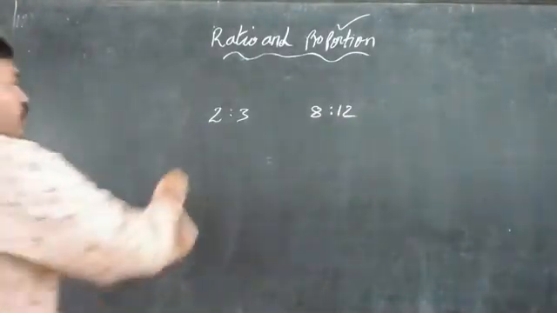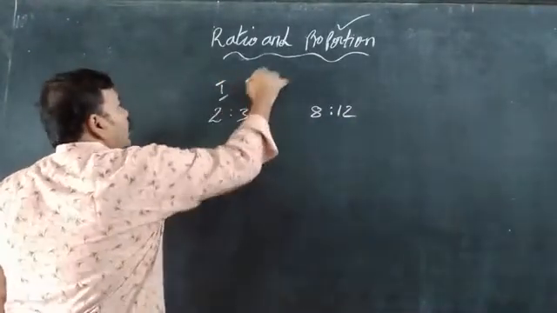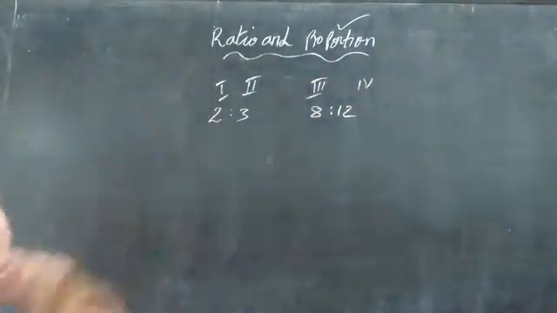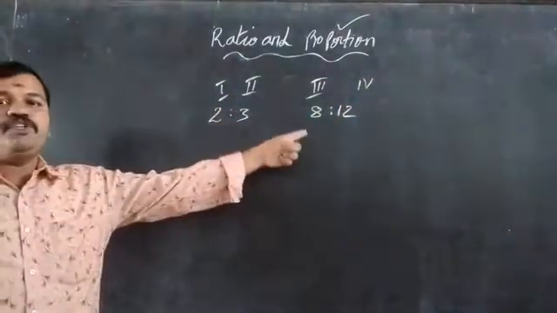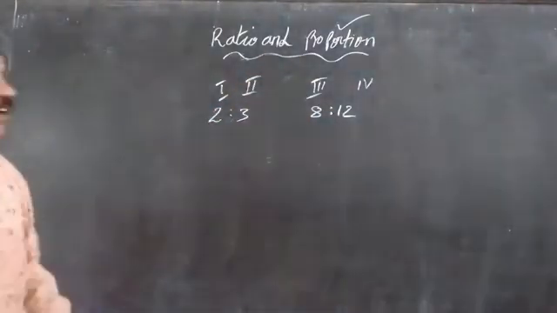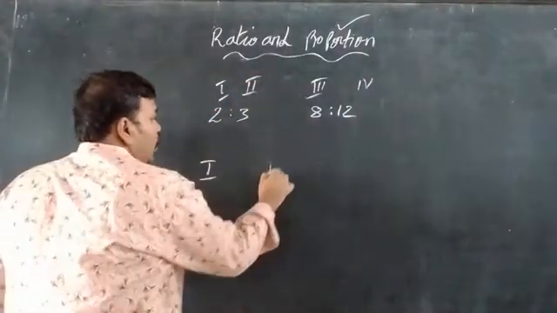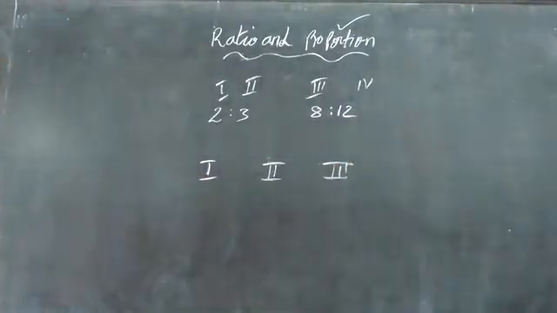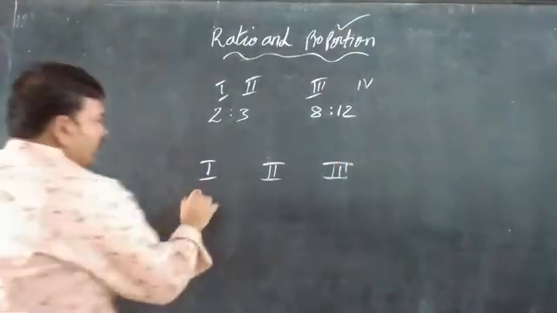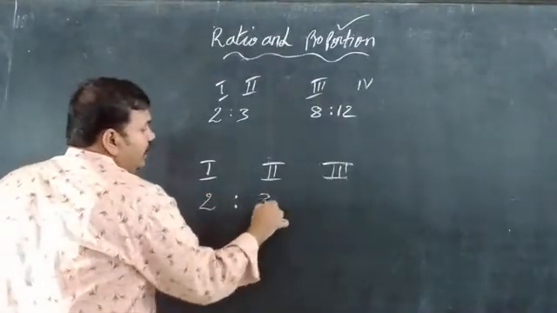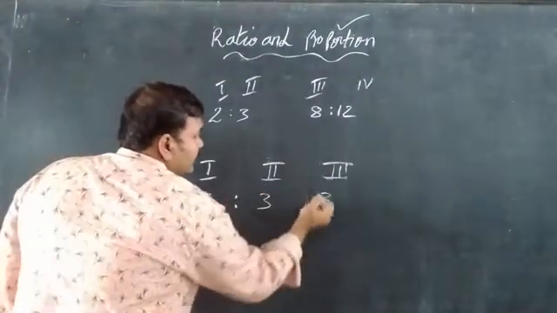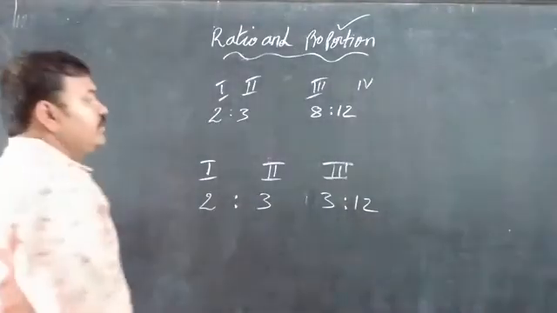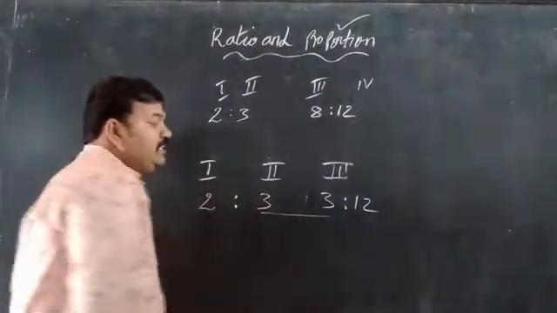In a proportion there are four terms: first proportion, second proportion, third proportion, fourth proportion. But we call them 1, 2, 3 when the two middle terms are the same, such as 2 is to 3 is to 3.